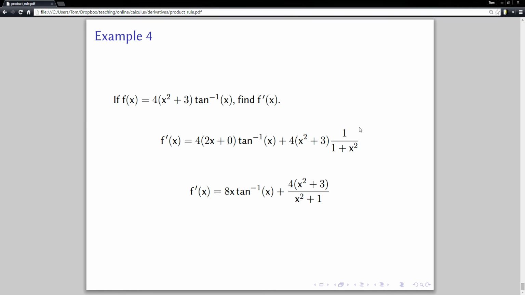Over here, I wrote all of this as one big fraction. That part's not totally required, nor is it required that you write this 4 or distribute this 4 through the parentheses like that. That's just as good as this. So if you didn't do that part or distribute the 4 through, I wouldn't really worry about that. All right, and so that's it for the examples on the product rule.